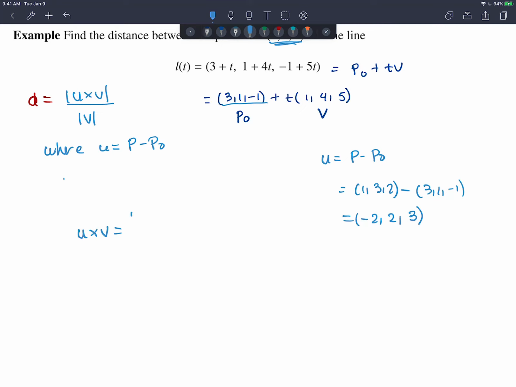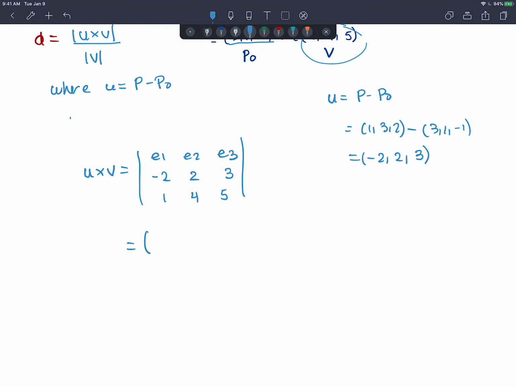So to find the u cross v, I'm going to write the e1, e2, e3, put my u vector, negative 2, 2, 3, write down my v vector, which is this one, 1, 4, 5. And I have to calculate this determinant. So let me see if we can do it this way.